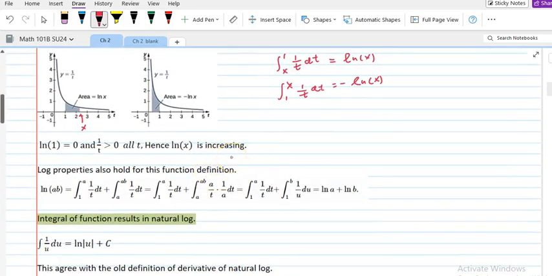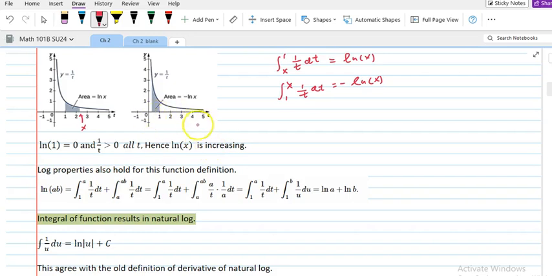And you can also see this definition will allow ln 1 equal to 0, because the integral of 1 over t dt from 1 to 1 is 0. And also ln x is increasing. So it matches whatever we know about ln x. Secondly, we also look at log properties.